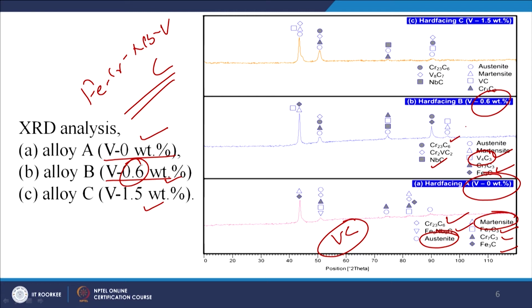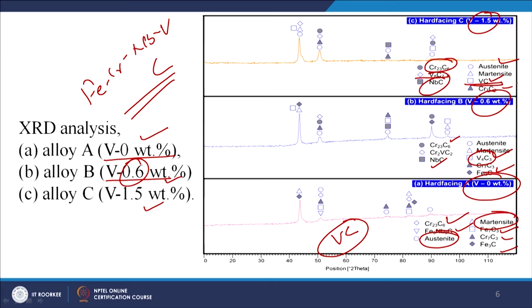And when vanadium is added in 1.5%, vanadium carbide is there. The two types of vanadium carbides are there, one is this, another is this. In addition to that, we have chromium carbide, niobium carbide, martensite and the austenites. So, what are the various phases? Because each phase has the different hardness values and which offers the different kind of effect on the wear resistance.